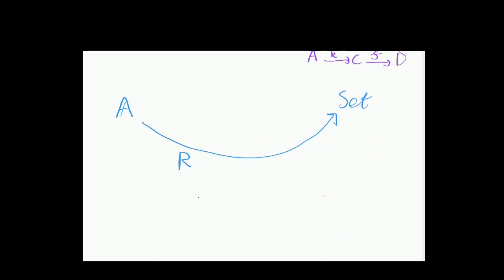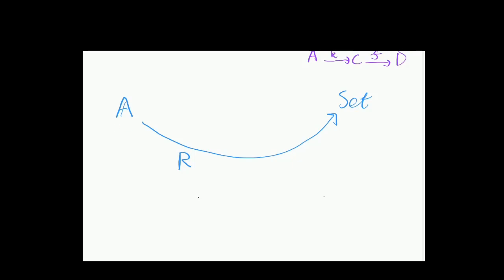So, what is a representable functor? Let's consider the case where we have some functor from our category scripty A to our category Set. If you want to keep a concrete example in mind, you might think of A as our category of dynamical systems, but you don't have to.